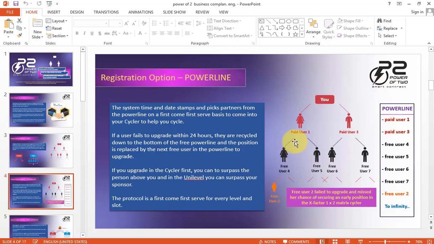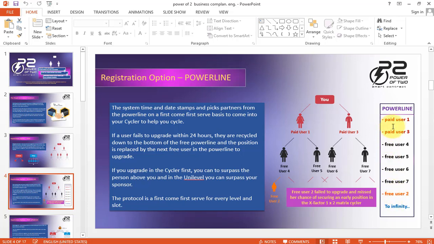So here it shows pay user 1 and pay user 3, meaning there is a skip on pay user 2, and we can see over here in the diagram free user 4, free user 5, free user 6, free user 7, and free user 2. So this works according to the diagram shown in the POWERLINE.